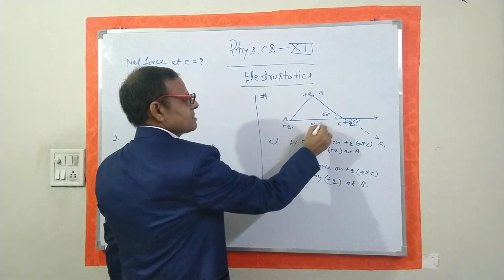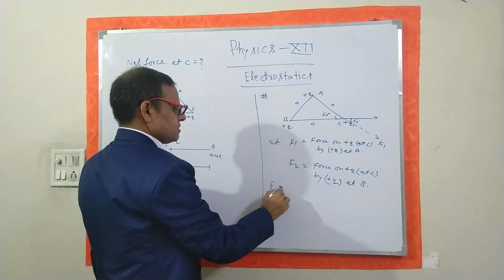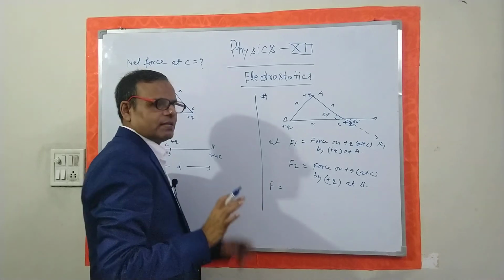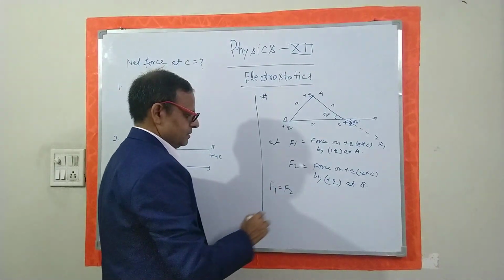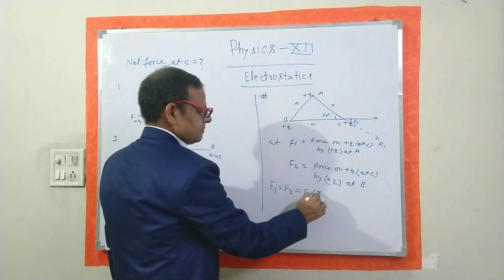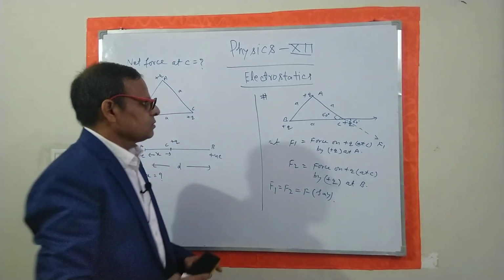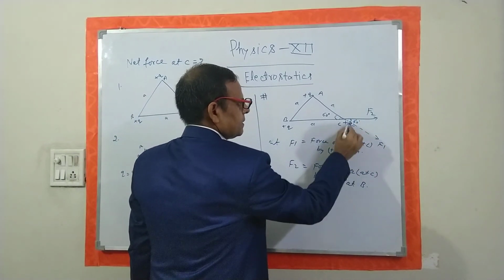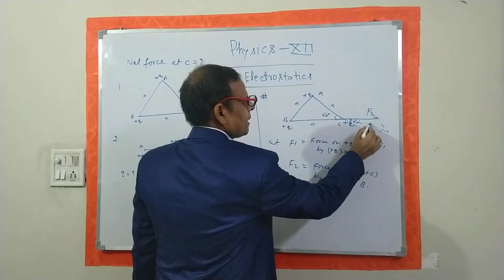So the sides are equal. Due to symmetry of distance, and charges are symmetrical, so F1 will be equal to F2. Let it be F, say. So the resultant of F1 and F2, let it be F dash.